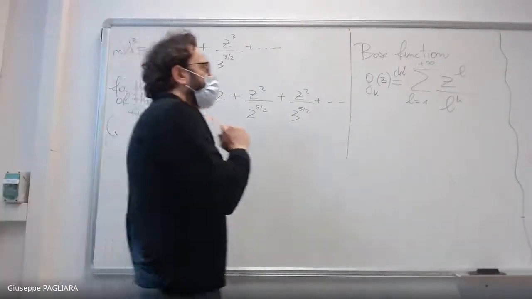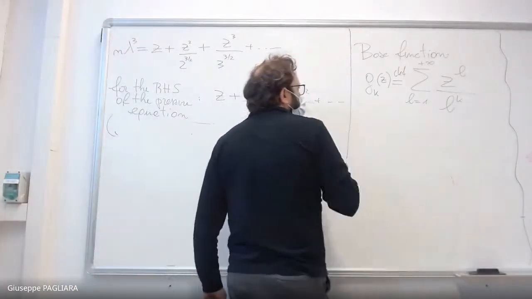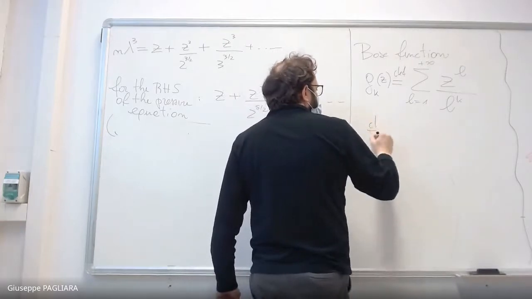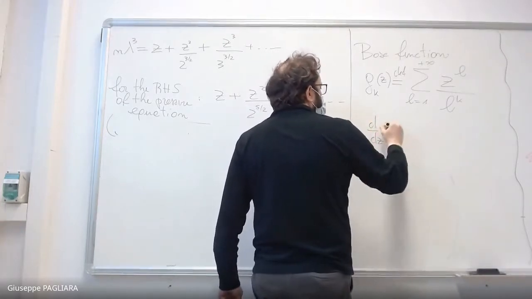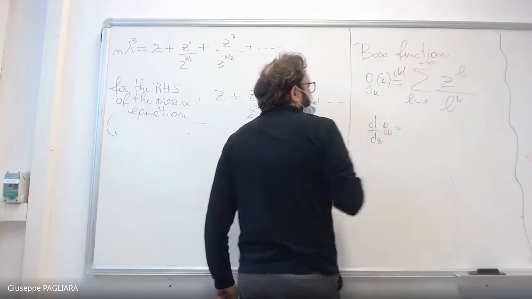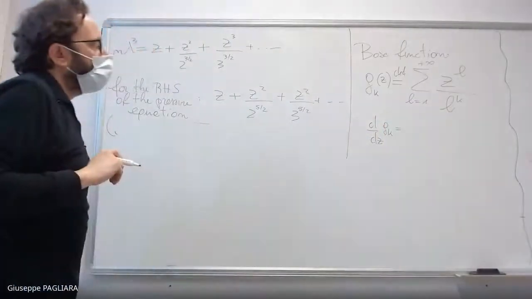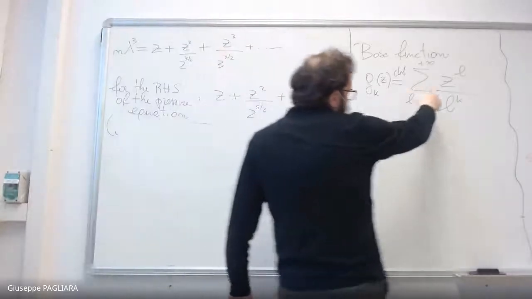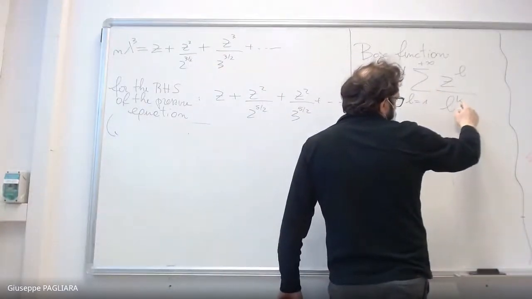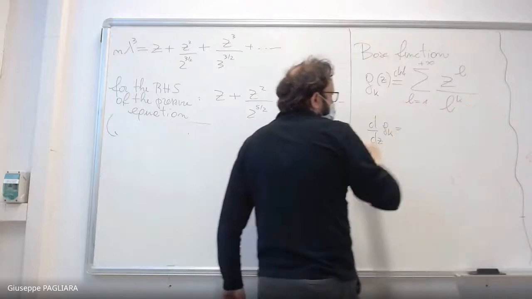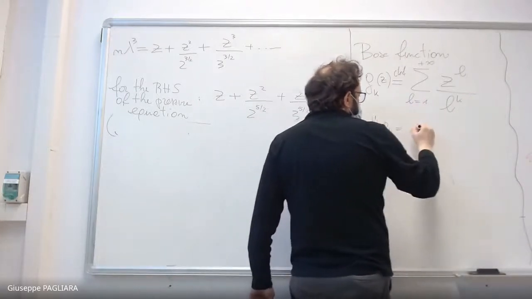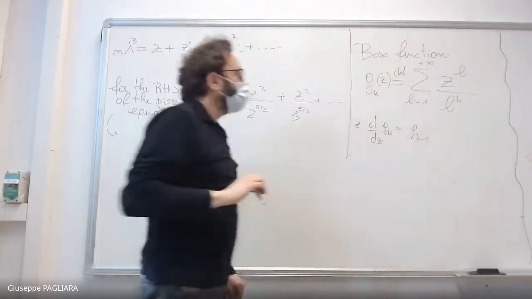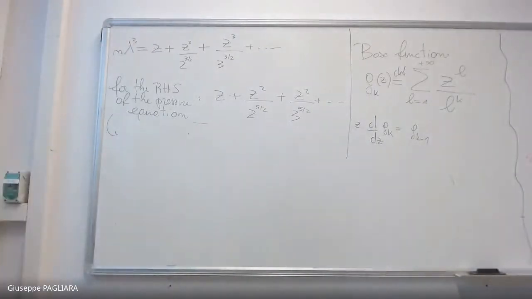You see from this expression that if I do the derivative with respect to z of g_k, I get down a factor of L, and so we'll have k minus 1, and if I multiply by z, this is just k minus 1. So z times the derivative with respect to z of g_k is g_{k-1}. This is an expression that we will use later, but it's better to write it down.